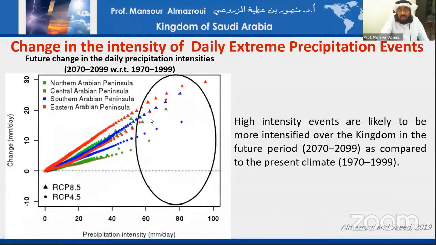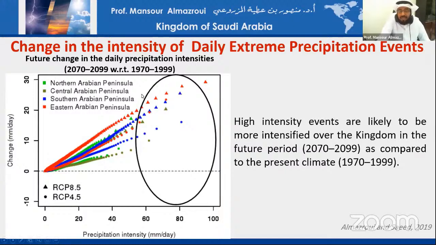And this one is a really very interesting paper, published in 2019, and it shows the intensity of the rainfall. For example, if the rainfall in the present climate comes like 80 millimeters per day, in the future it is going to be more, for example 130, you can see.